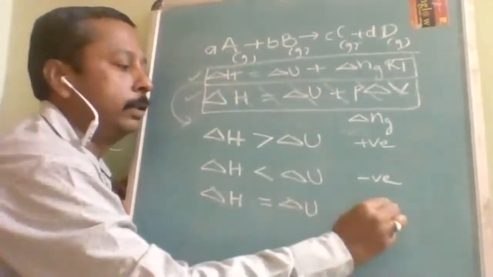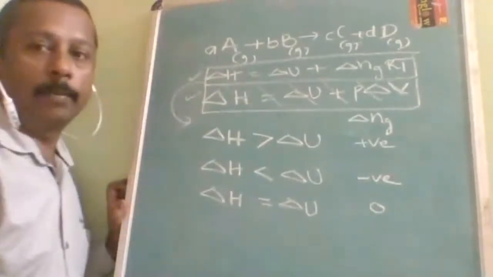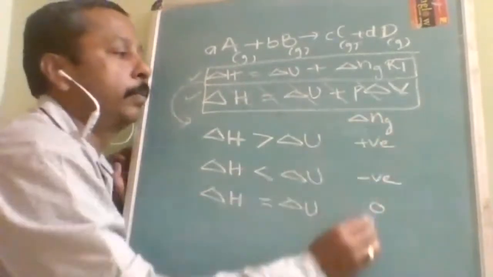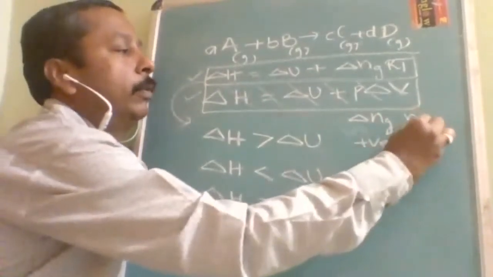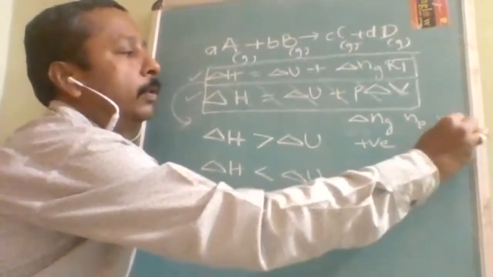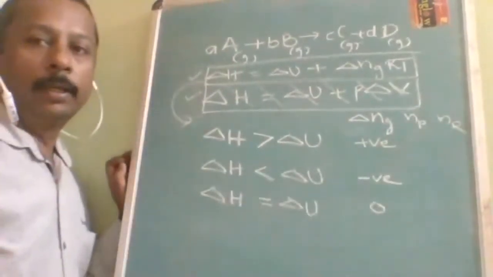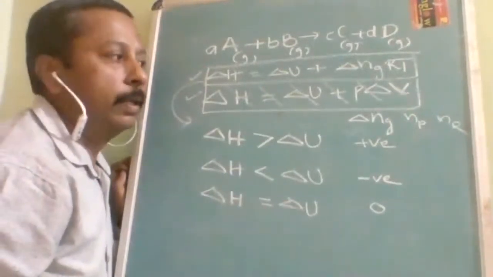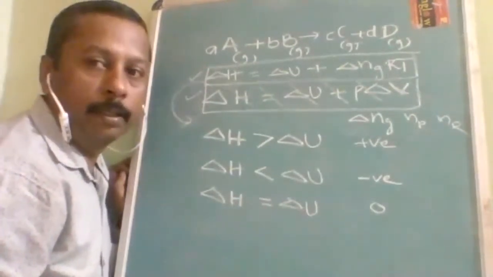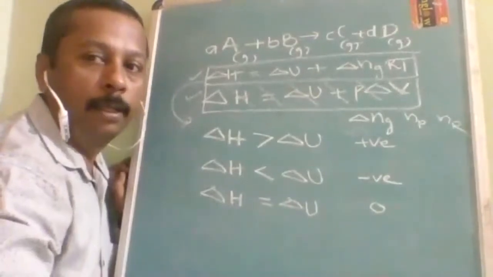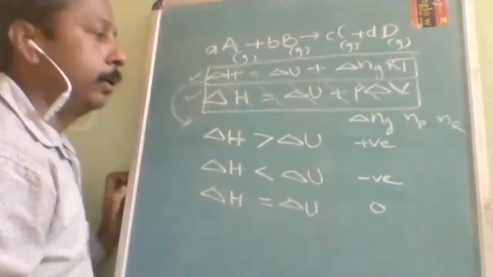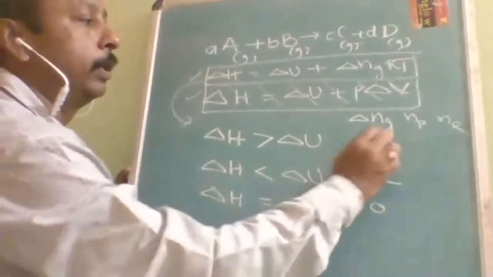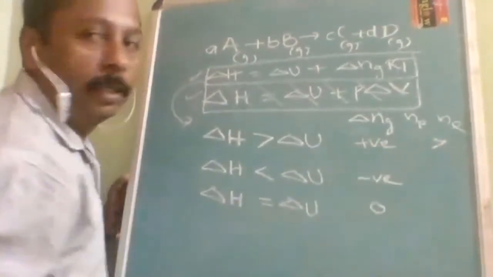When delta ng is 0, they both will be the same. Further, there should be a comparison between the number of moles of product and reactant, NP and NR. To make it positive, NP should be greater than NR.